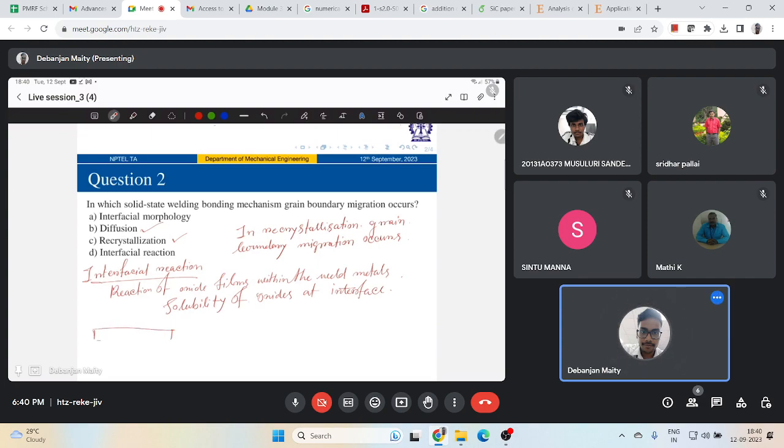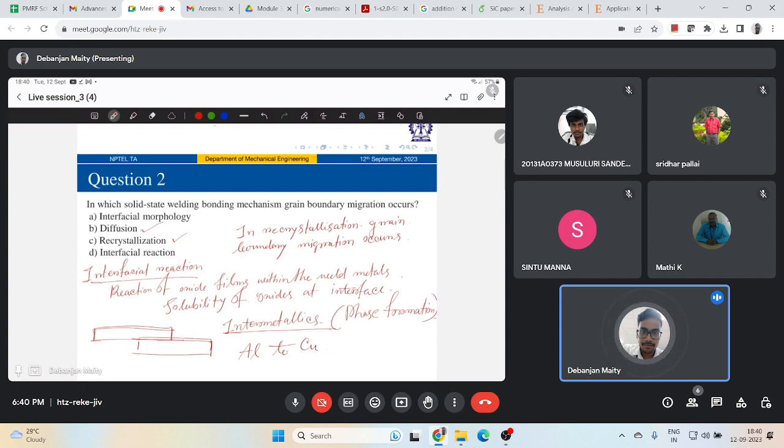Whenever the oxides get solutionized into that weld region, the two metals will contact each other, come together, and react between themselves, and they will form something called intermetallics. Intermetallics are a kind of phase formation, a kind of alloying. Let's say you are joining aluminium to copper.